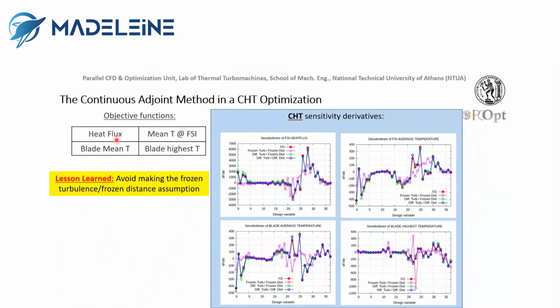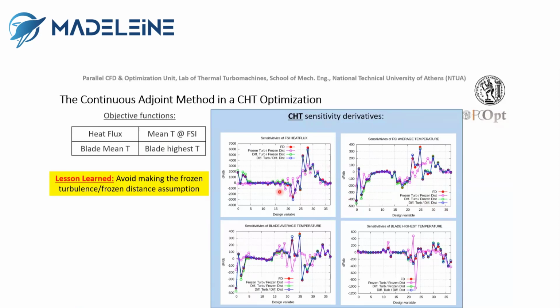For the CHT, the objective functions used are the heat flux, the mean temperature at the fluid-solid interface, and the mean and the highest temperature inside the blade. Here, these figures have an additional curve where we are checking the effect of frozen distance over and above the frozen turbulence assumption.